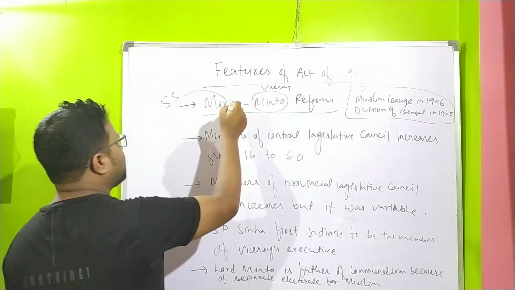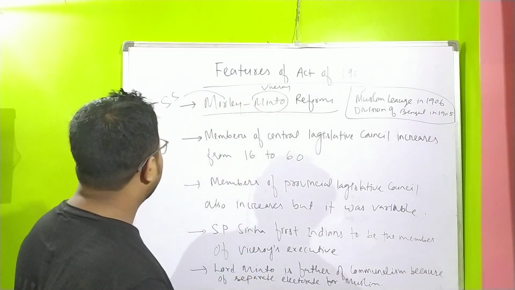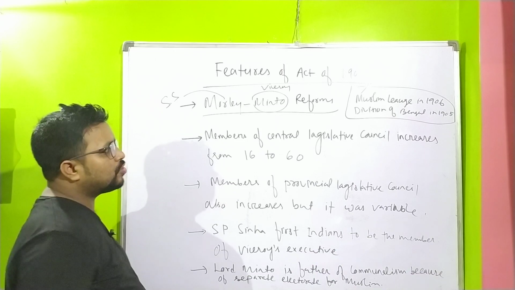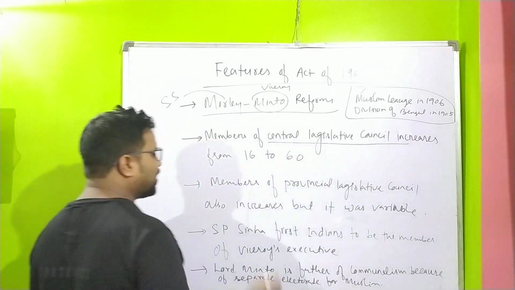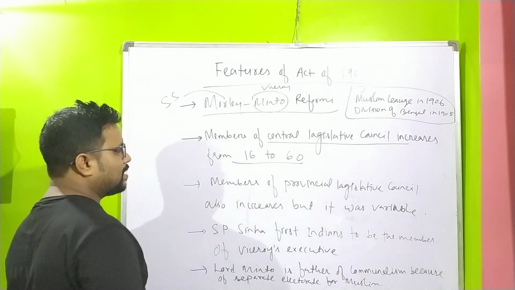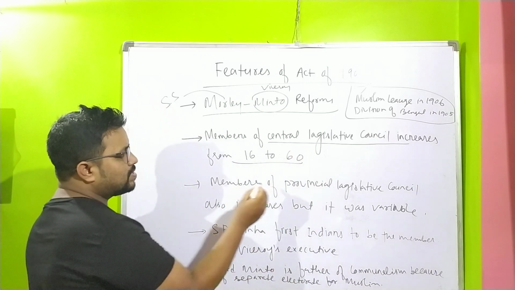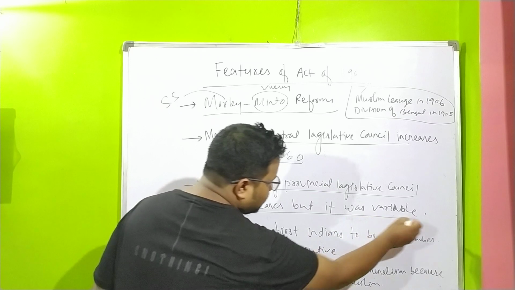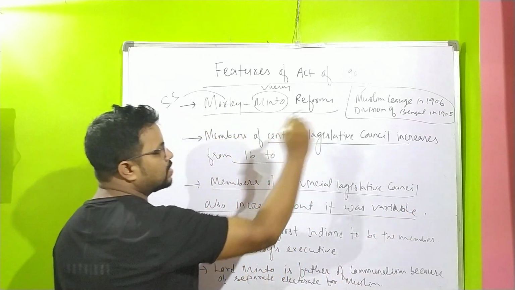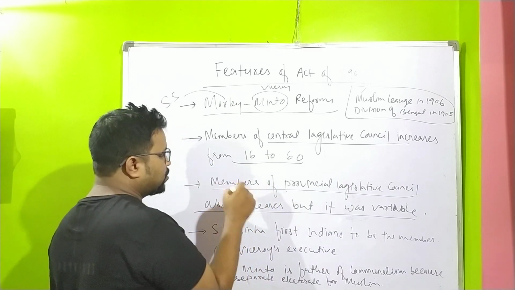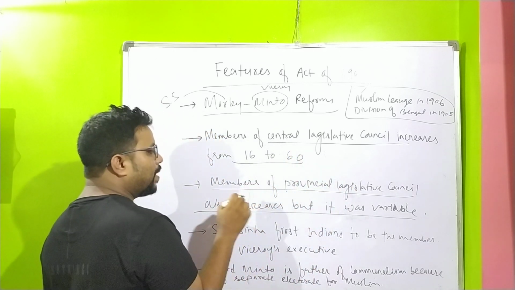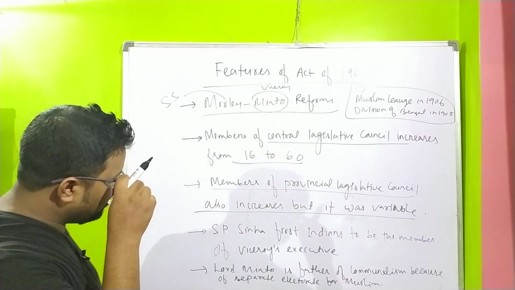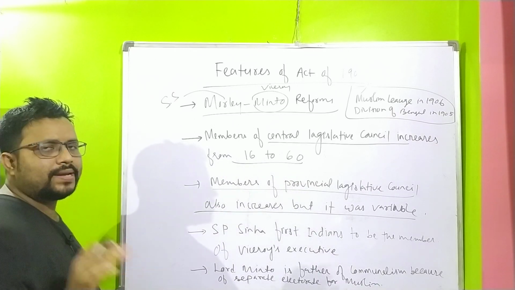One sudden change was that the members of the Central Legislative Council increased from 16 to 60. Similarly, the members of the Provincial Legislative Councils also increased, but it varied from province to province.